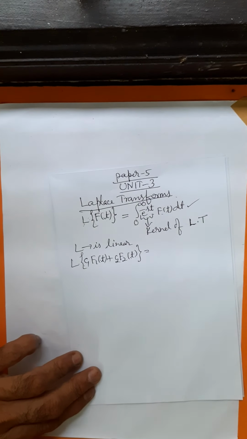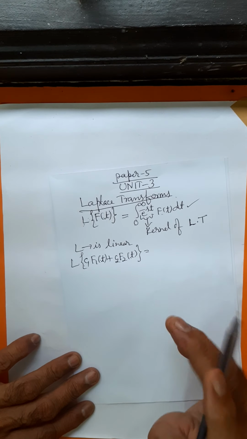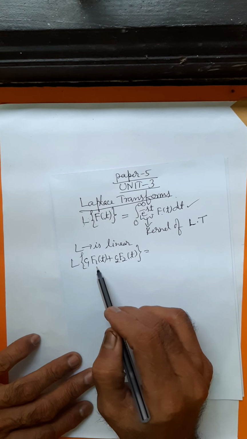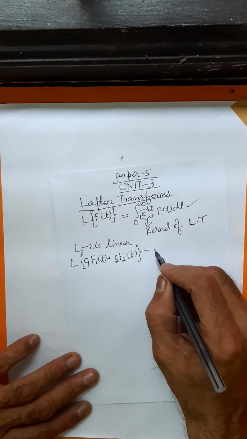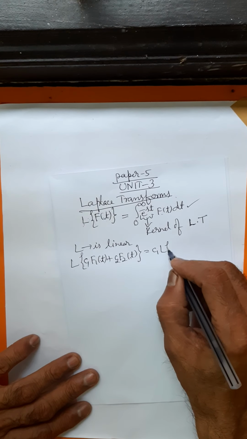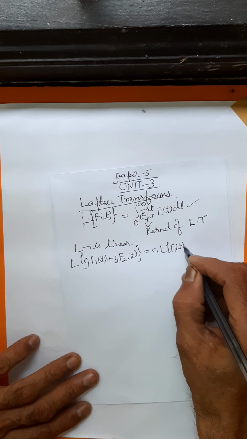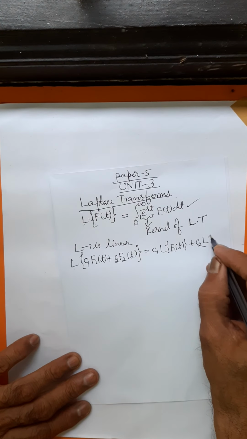The Laplace transform is a linear transform, there is no doubt about it. L of c1 f1 of t plus c2 f2 of t equals c1 times L of f1 of t plus c2 times L of f2 of t.